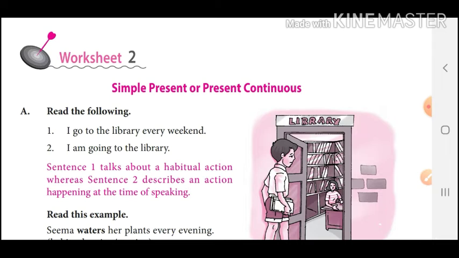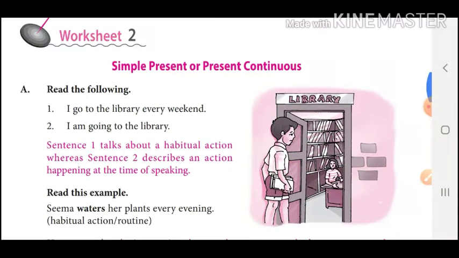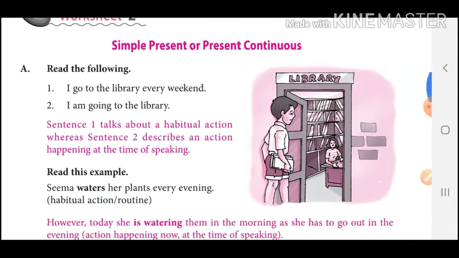Now come to the worksheet 2, simple present or present continuous tense. So to know this, first read the following sentences. I go to the library every weekend. I am going to the library. So what's the difference between the two sentences? Try to understand it. The first sentence talks about habitual action.